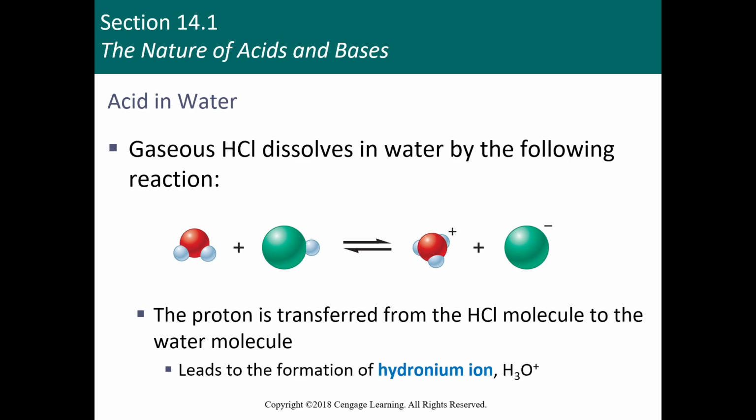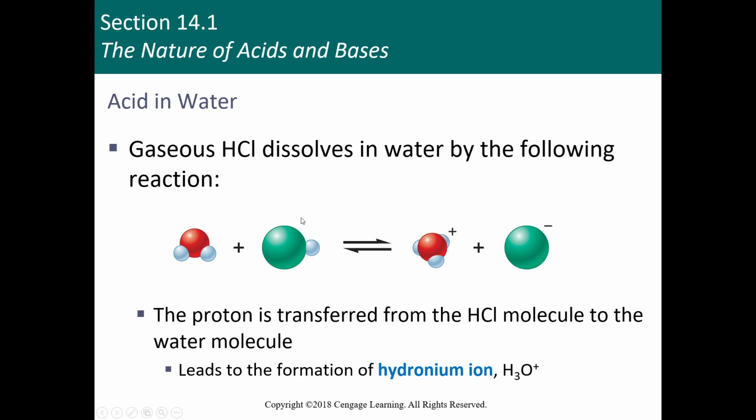So in water, whenever we talk about an H+, a proton being transferred, you're not really talking about an H+. An H+ is not bobbing around in solution and just wandering around.